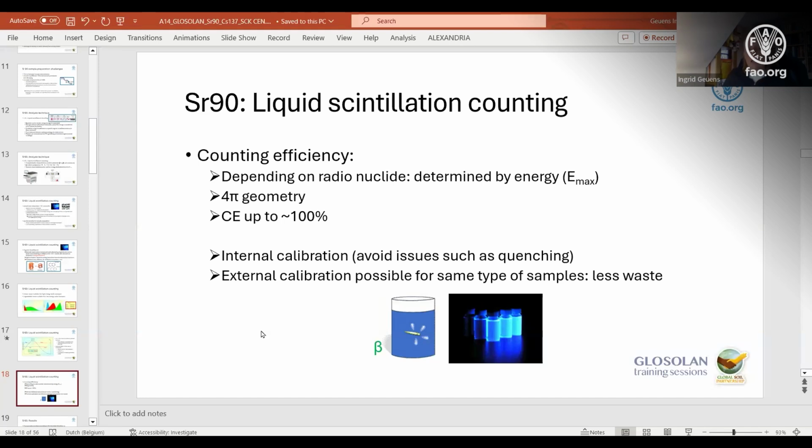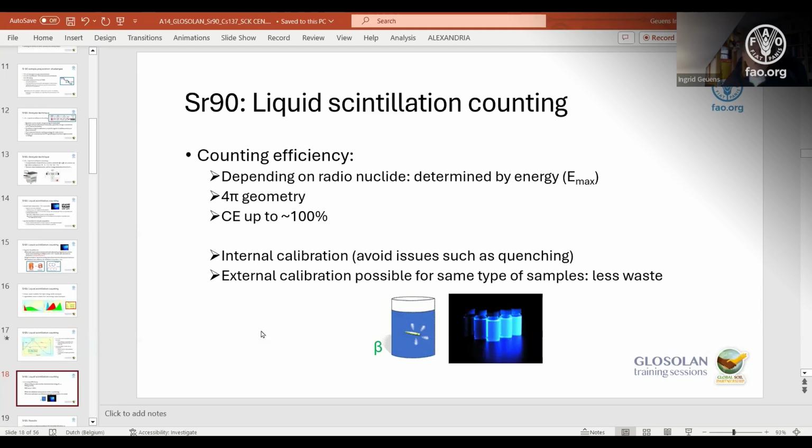We do internal calibrations. If you do internal calibrations, that's the safest way. By putting your calibrator into your sample, you avoid issues such as quenching. You have the best calibration that's possible. However, it also produces a lot of waste because for every sample you have an extra sample with your calibrator inside. If you are always measuring the same type of samples, external calibration is more than good enough.